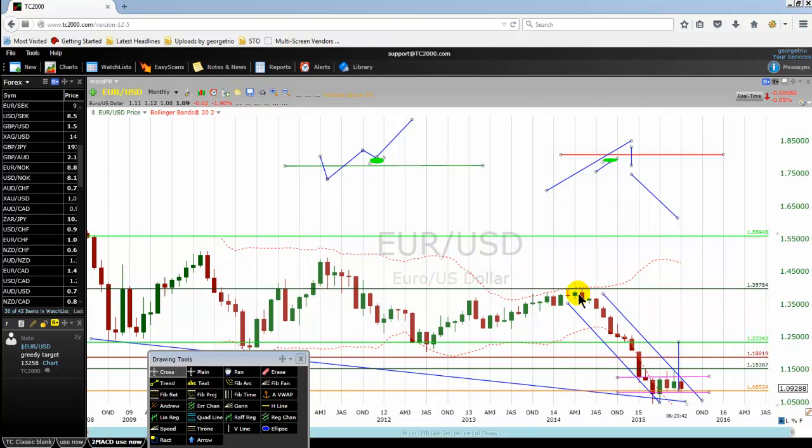We may say that the long-term trend is bearish, but the medium trend is horizontal. Because the long-term trend is bearish, we don't want to buy at all; we want to sell on the upper side of the pink channel.